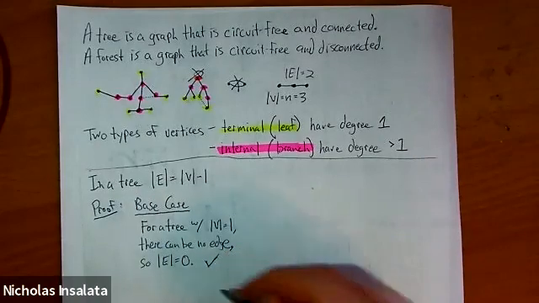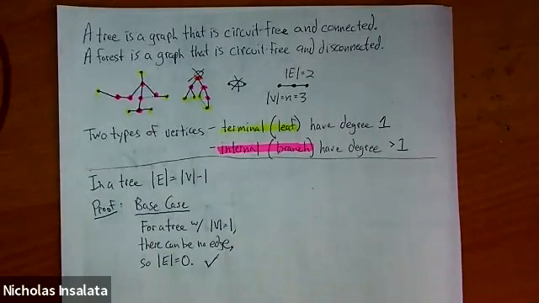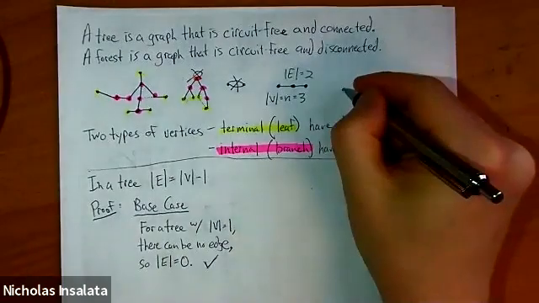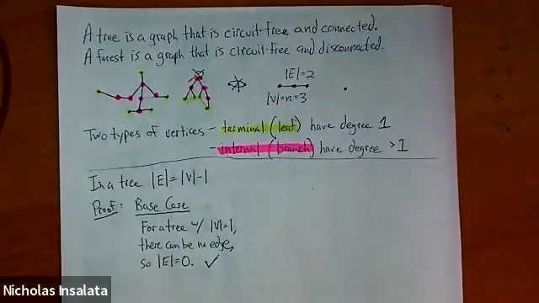Why can't there be an edge if we just have a single vertex and we want to have a tree? Let's just go through that verbally. So we have this guy, one vertex. If we wanted to put in an edge, why would that not be allowed? David, here's where that proof by contradiction is going to come into play.